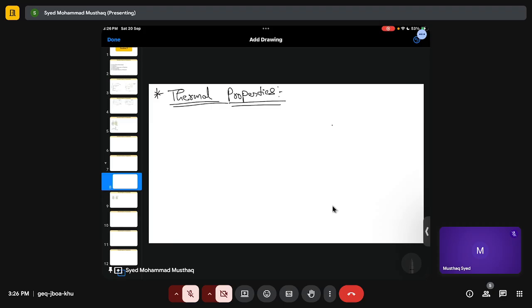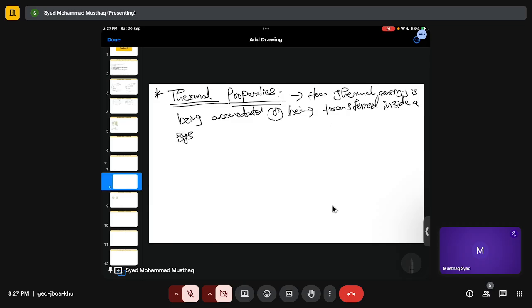Thermal properties more or less intend to tell us about how thermal energy is being accommodated or being transferred inside a system, either it is isolated or in connection with the surroundings.